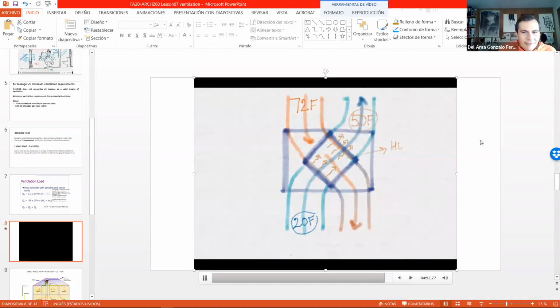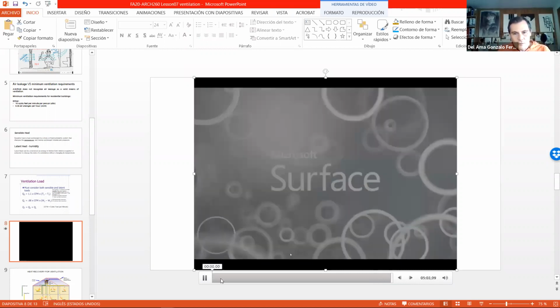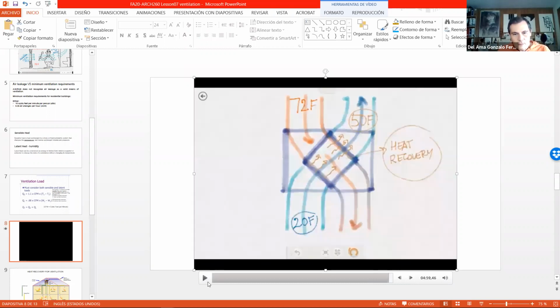It doesn't mean that we are mixing the air. We are not mixing the air. So that's why heat recoveries are complicated to understand, because we don't mix. So we are not transferring moisture or viruses, whatever, from the exhaust air for the return air to the fresh air.